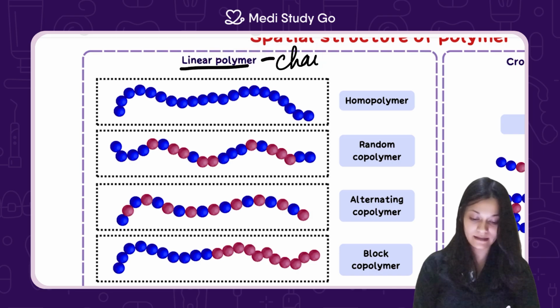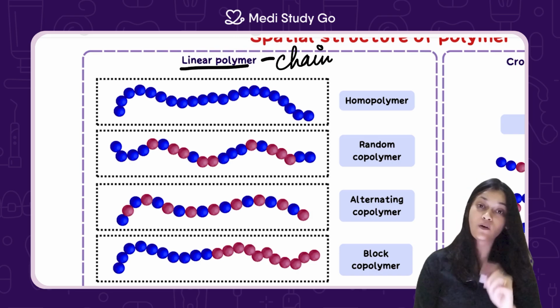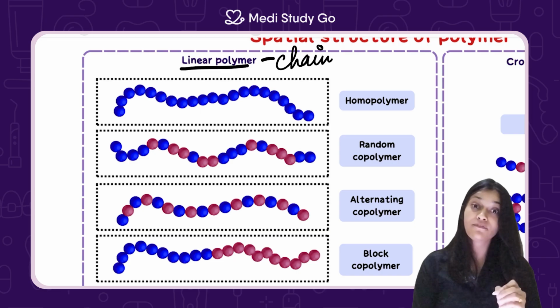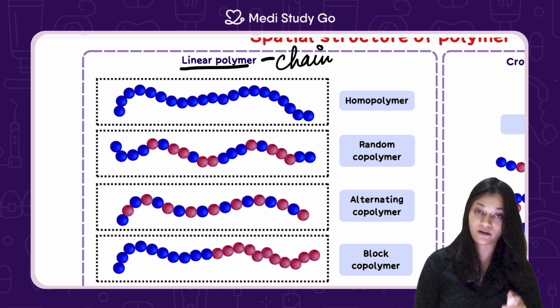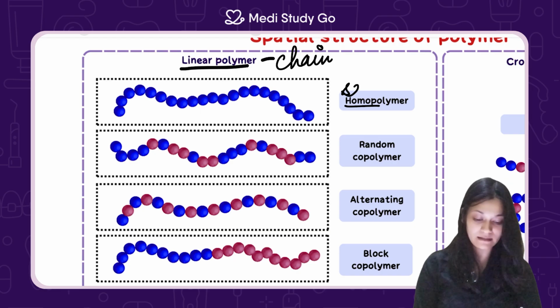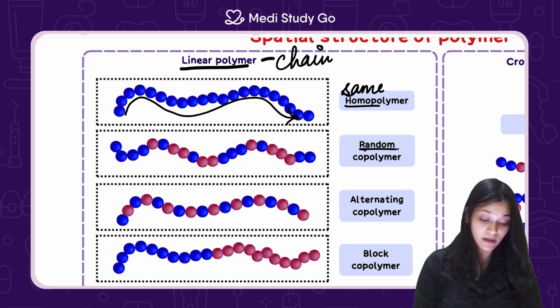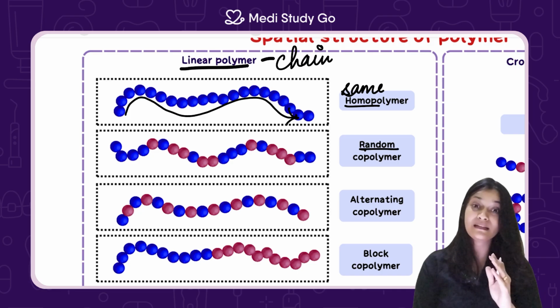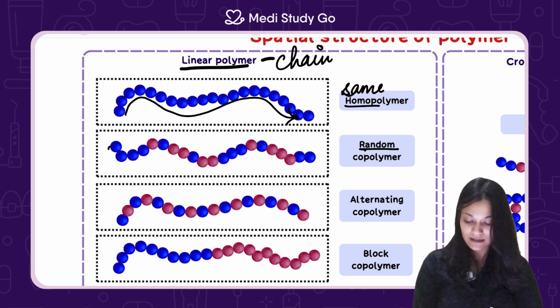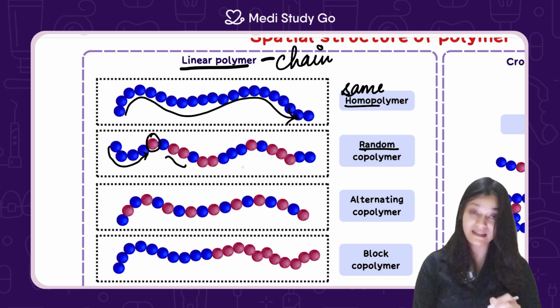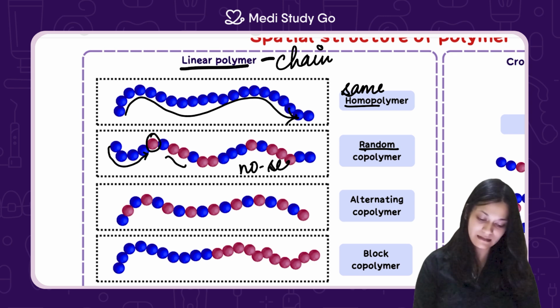Let's quickly understand how this can also differ in structure. If I say homolinear polymer, what homo means is to have the same units, so what you see is the same throughout. But when I say random, it means there are monomers attached but in a random order. You see blue and red arranged, but there is no sequence. It is randomized in nature.